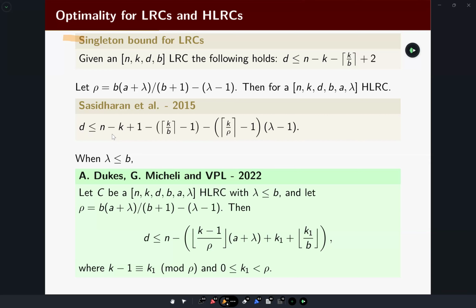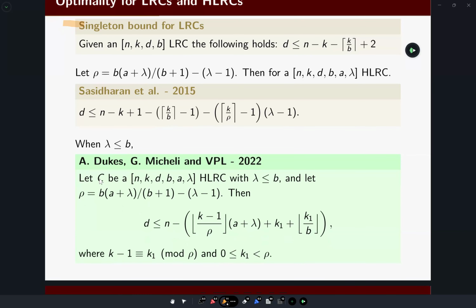Our contribution for the aspect of optimality was to prove, using, of course, Galois theory, that when lambda is lower or equal than b, which means that the number of erasures that we can correct is still inside the smaller locality set, then we have a better bound.